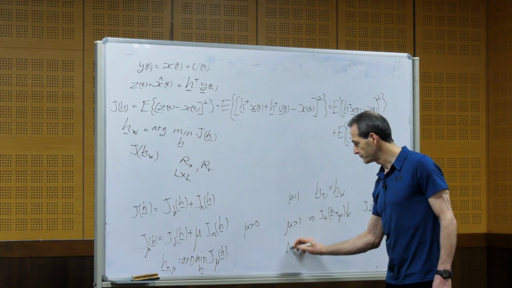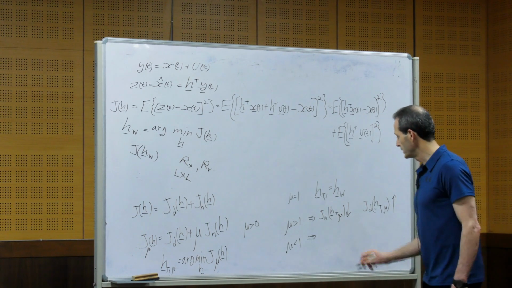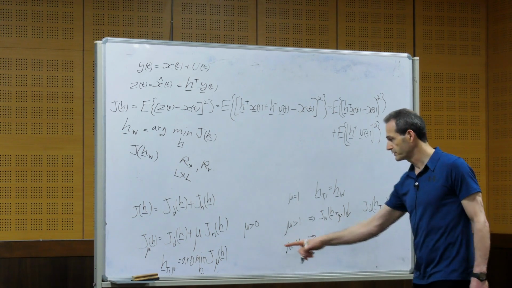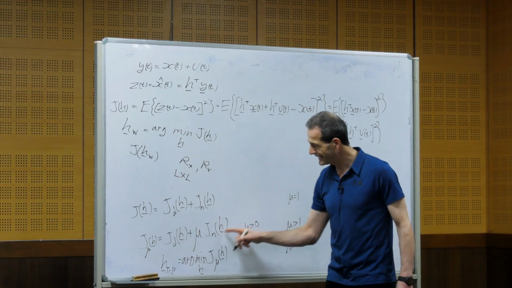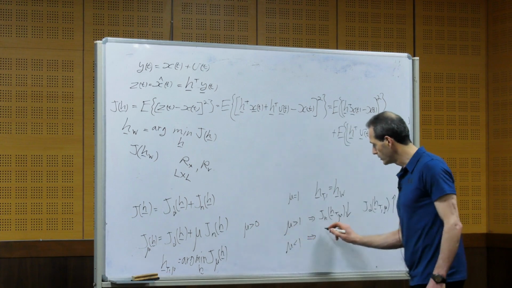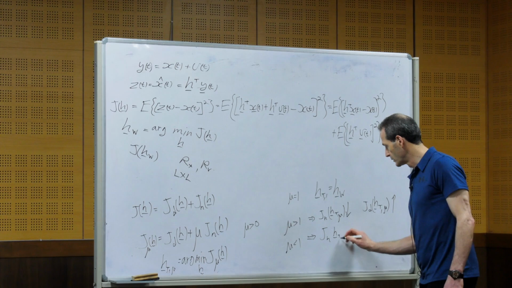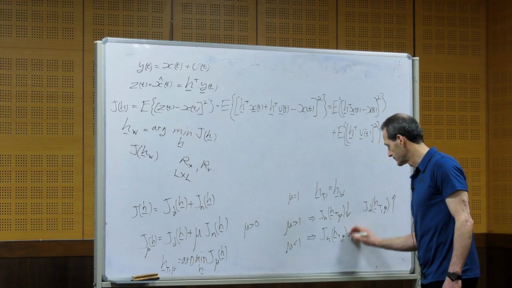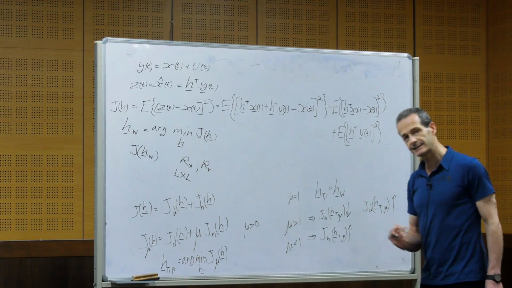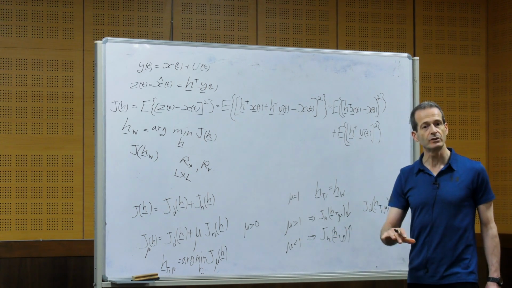And vice versa, if mu is smaller than 1, so we put less emphasis, this part is less important, so J_n will increase, which means that this filter will reduce less noise.